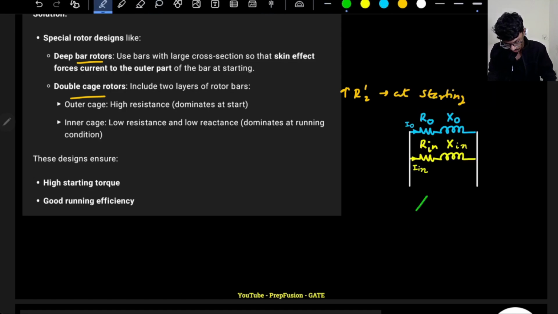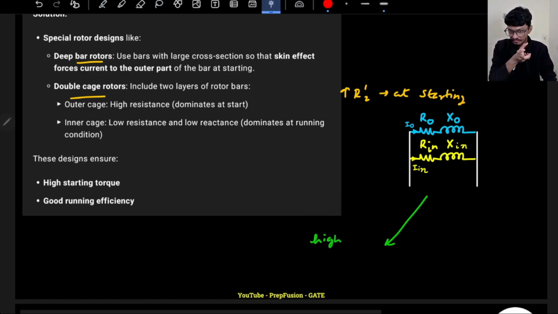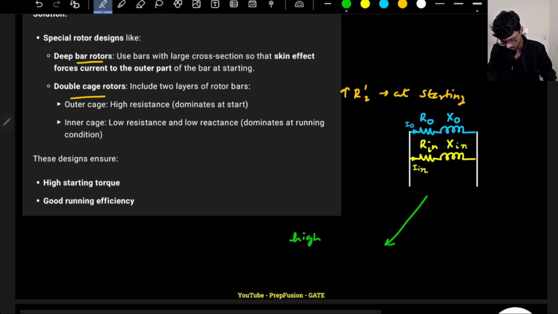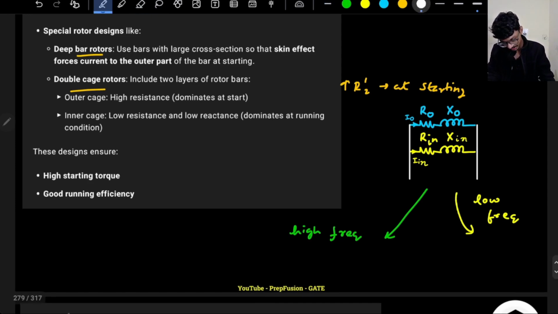Here I will have high frequency. Reactance is proportional to frequency: if frequency increases, reactance will increase. So this is high frequency and this is low frequency. The circuit will be equivalent to this.